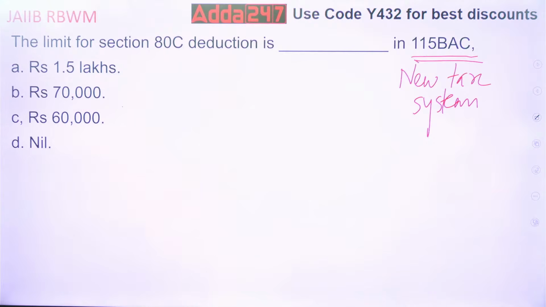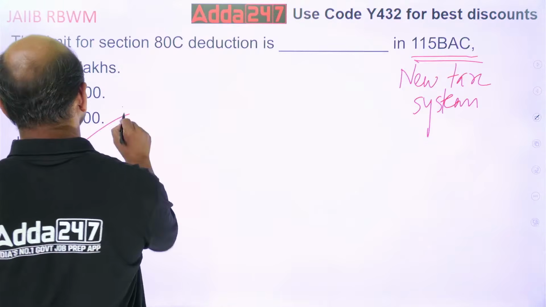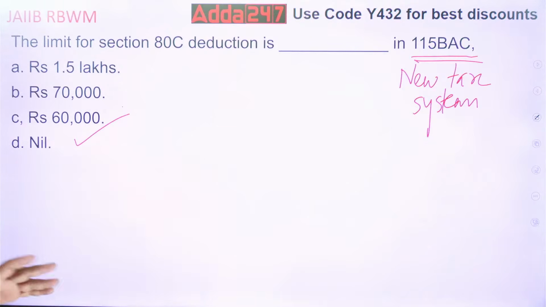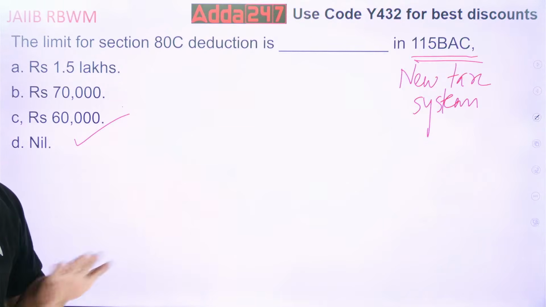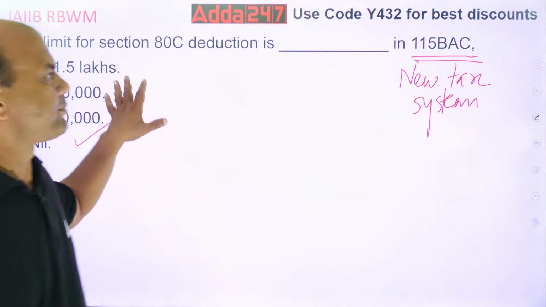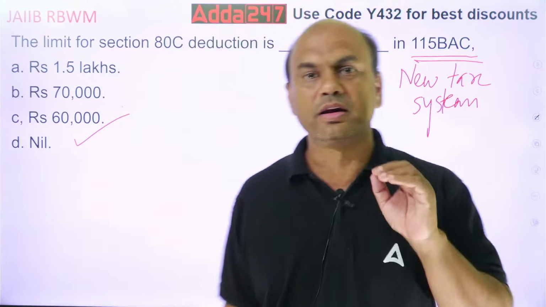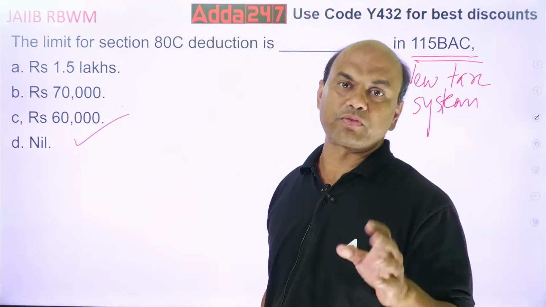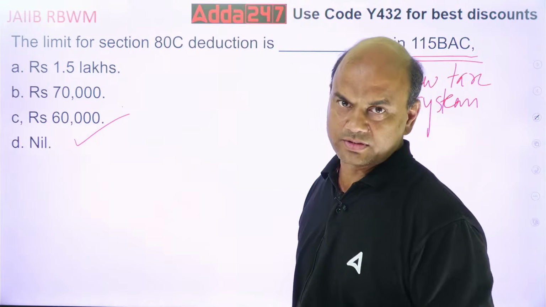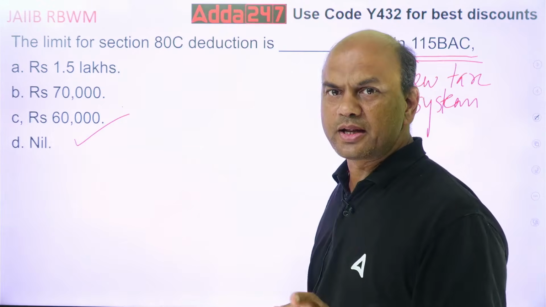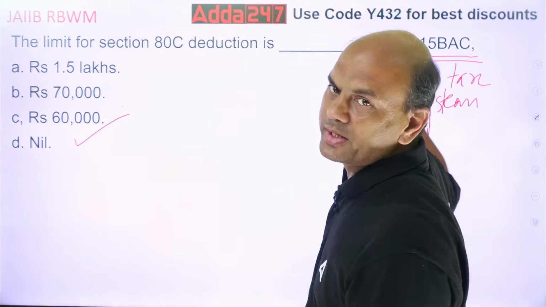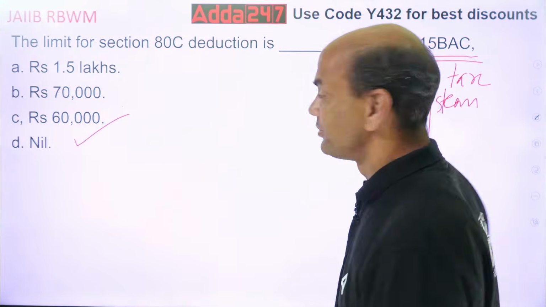Correct. So the answer is D, nil. Under the new tax regime, ATC has no value. Got it? This is a trap. Kindly remember, read the question very carefully. What is asked in the question? They will definitely ask you about 115 BSC.